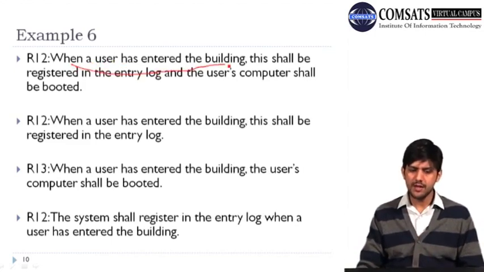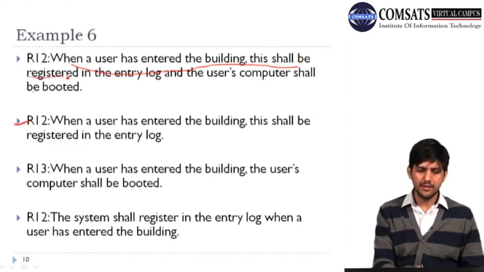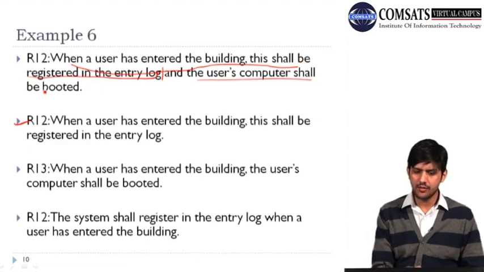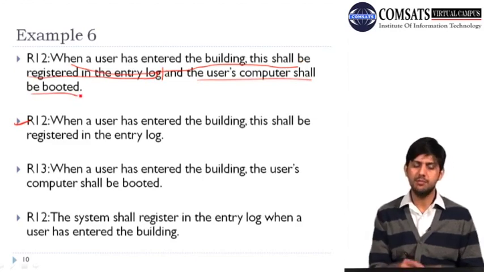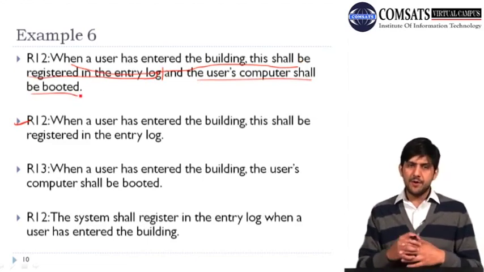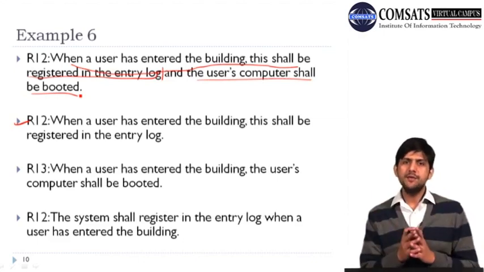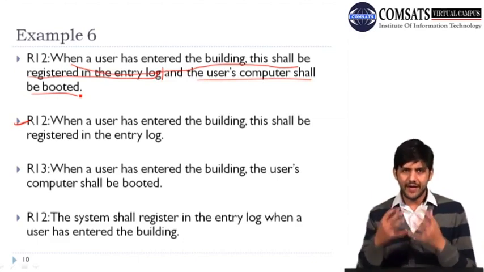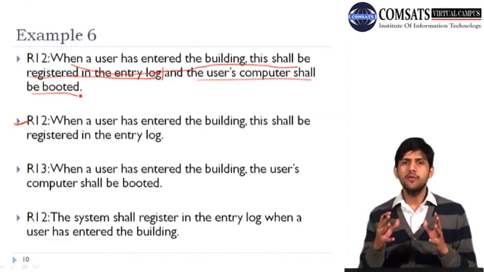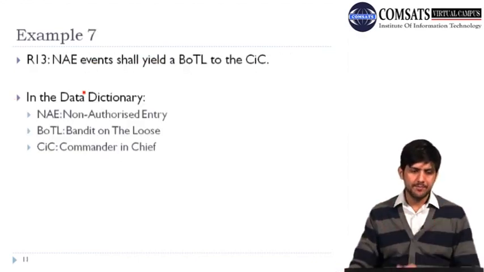One is that when a user has entered the building, this shall be registered in the entry log. One requirement should end here, and this is the other requirement, that the user's computer shall be booted. So we should always identify whether multiple requirements are written together, and split them up.